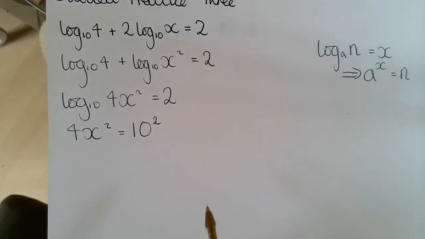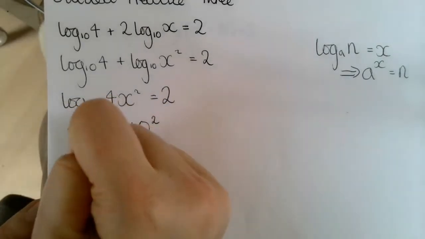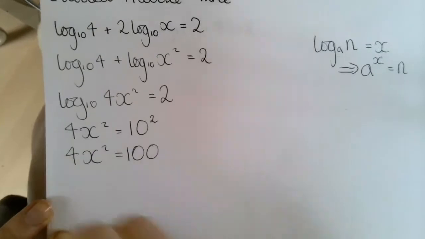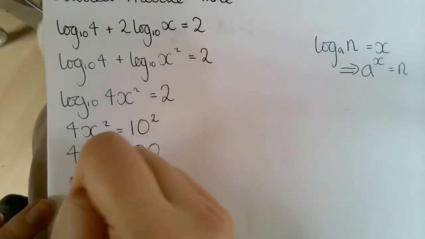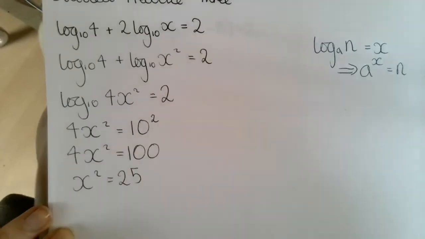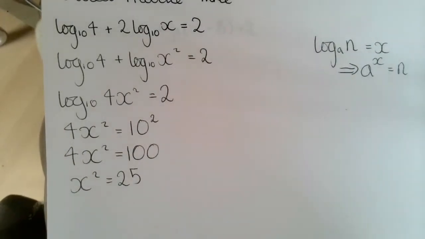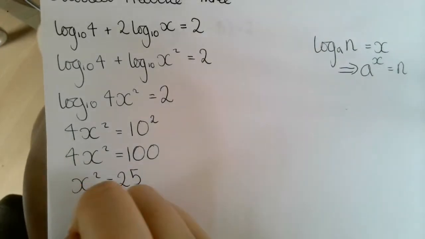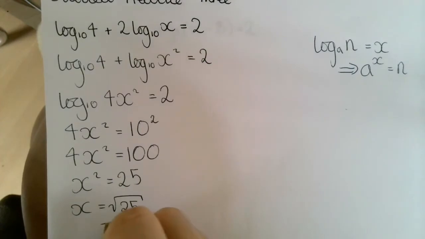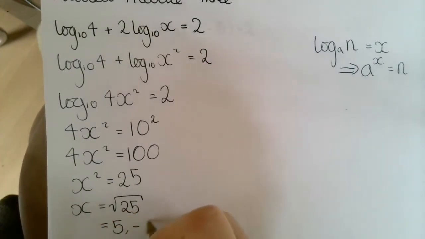I can now square 10 and I get 4x squared equals 100, divide by 4 and I get x squared is equal to 25. So then I need to take the square root of 25. So we get 5 and negative 5.